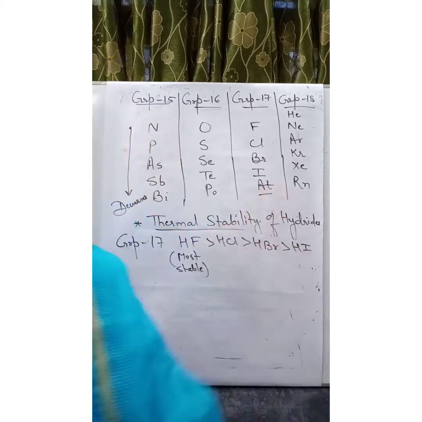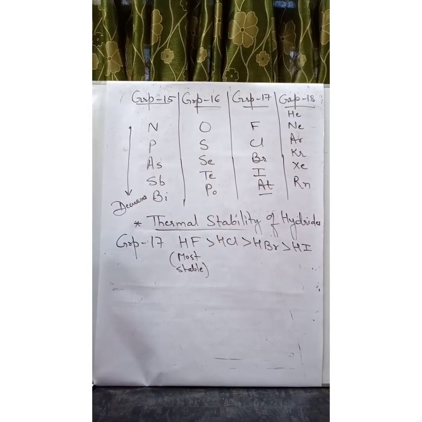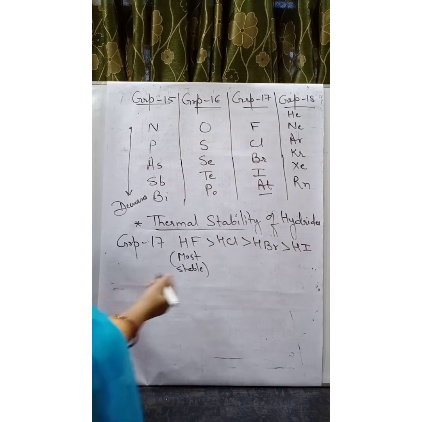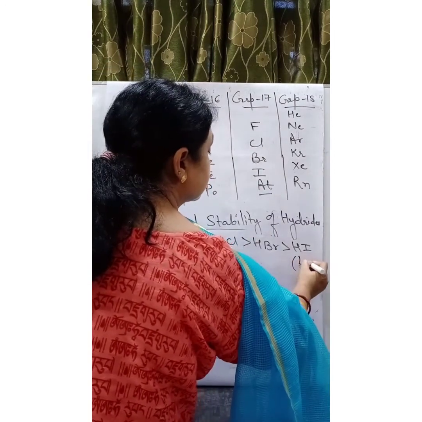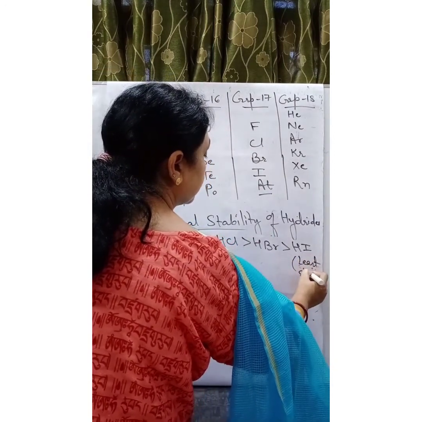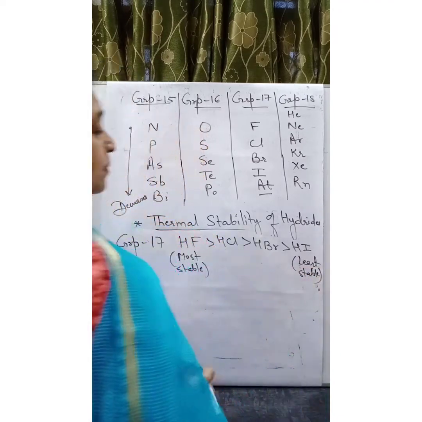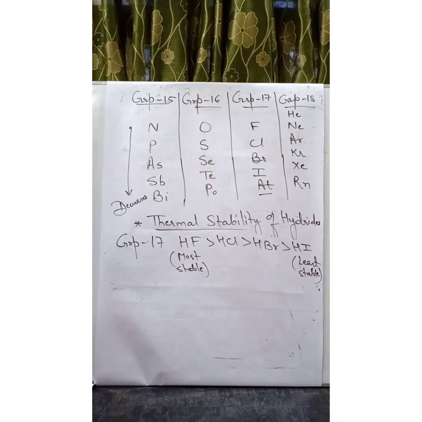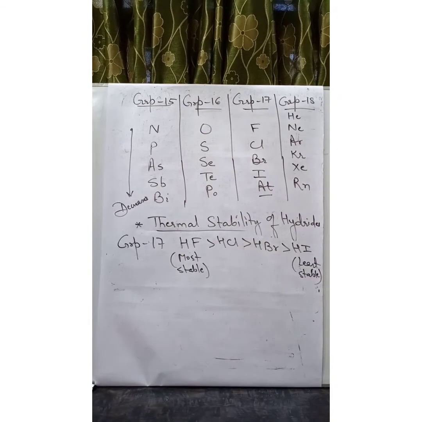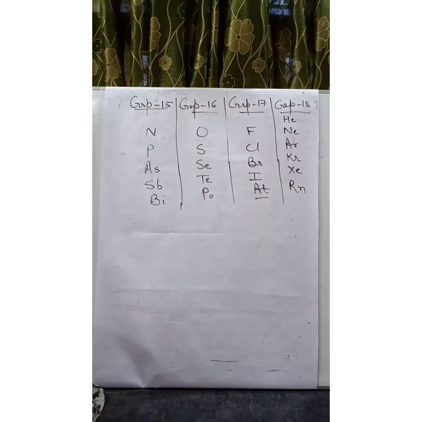We are not writing astatine because the compounds of astatine are not known. So HI is the least stable hydride. Group number 18 does not react with hydrogen to form hydrides. Let us see the next chemical property.